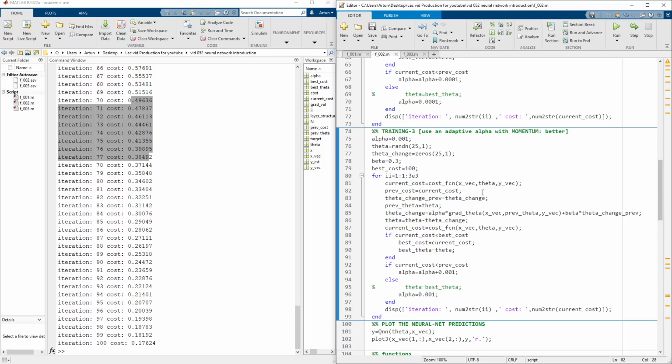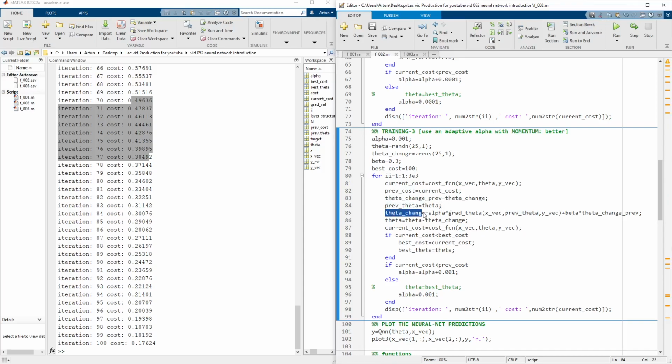All right, so let's run that. But before that, this theta change means delta theta i, and this is delta theta i minus 1. And we are storing that theta, keeping the theta from the previous iteration. This is theta i minus 1 basically.